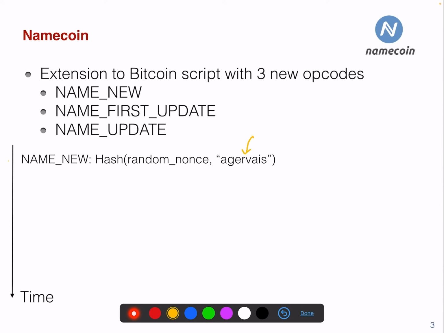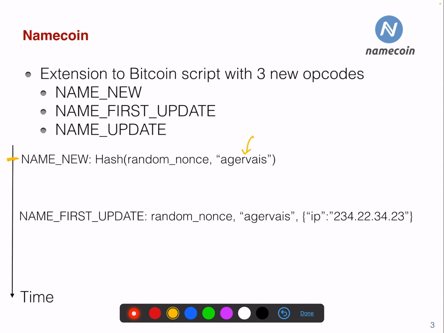At this point in time you issue a transaction that contains the opcode name new, and it contains the data blob, which is the hash of a random nonce that is not broadcasted, right? The random nonce itself is not visible to anyone. So you take the hash of this random nonce and the domain name that you want to reserve.